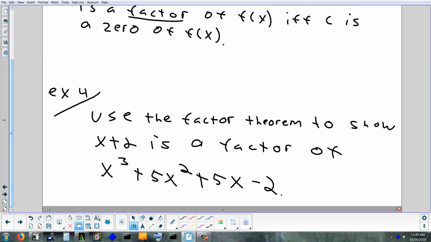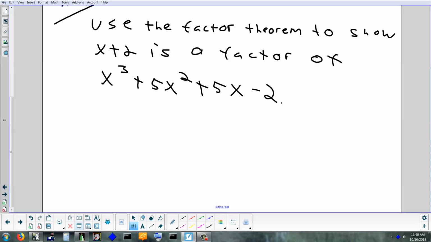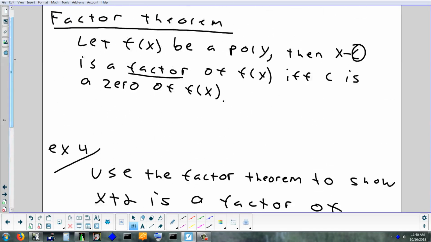All I'm interested in is the remainder. So we don't even need to do the division. All we have to do is the remainder theorem and see if we get 0. That's exactly what this says. You're going to plug this number in, the number after the minus sign, and you're going to hope that you get 0 when you plug it in.